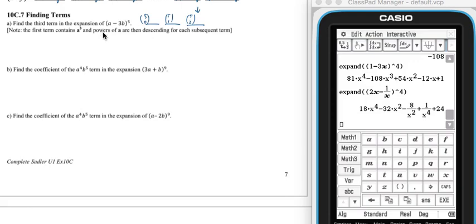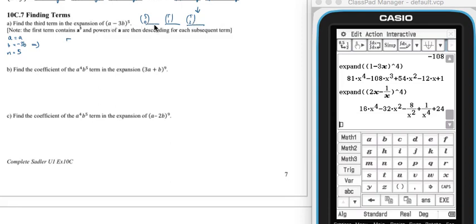Firstly, what's our A? Our A is equal to a. Our B coefficient is -3b, and our N is equal to 5. So now we're going to find that third term. I know it's going to be 5 choose 2, like from this one here.